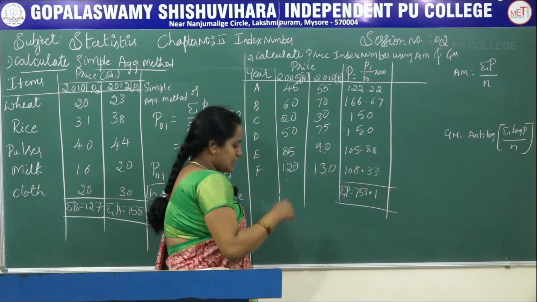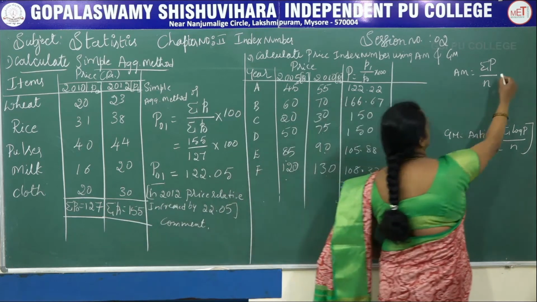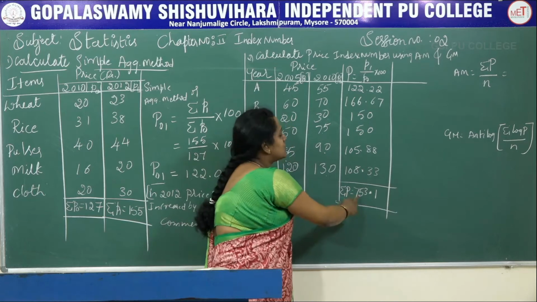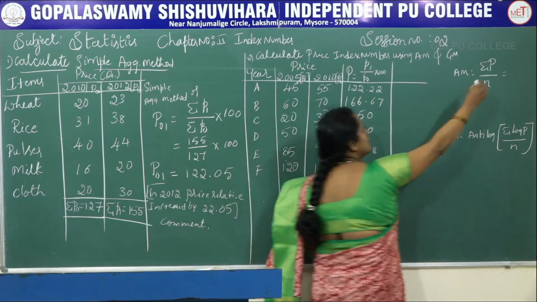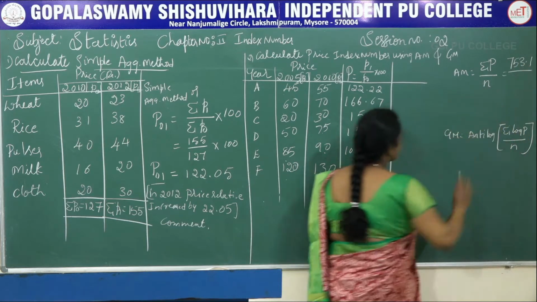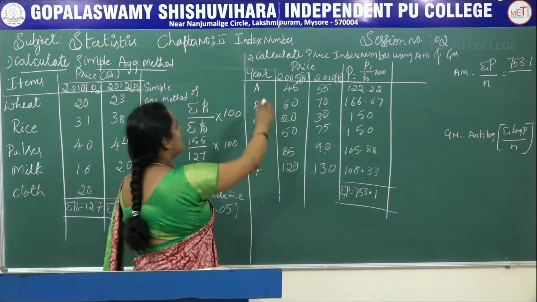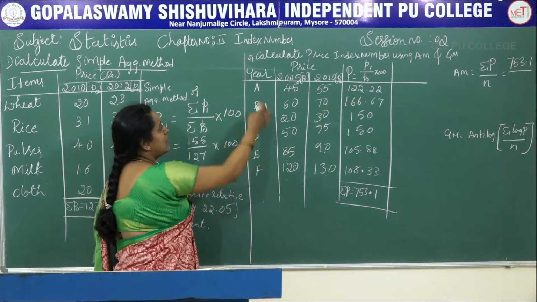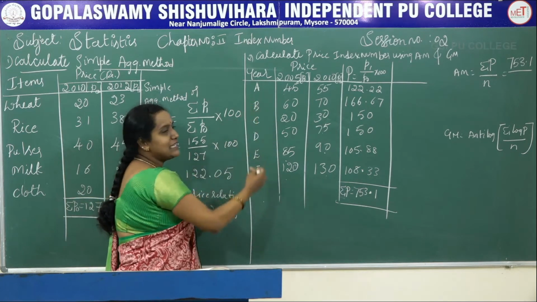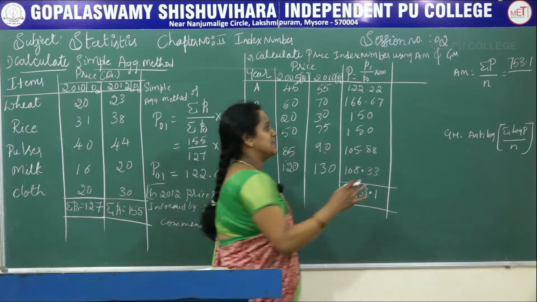753.1. Now you substitute that value here. That is, summation P, capital summation P, is 753.1. Substitute that in this formula, and N. N is the number of years they have given, that is 1, 2, 3, 4, 5, 6. Total they have given the data of 6 years.